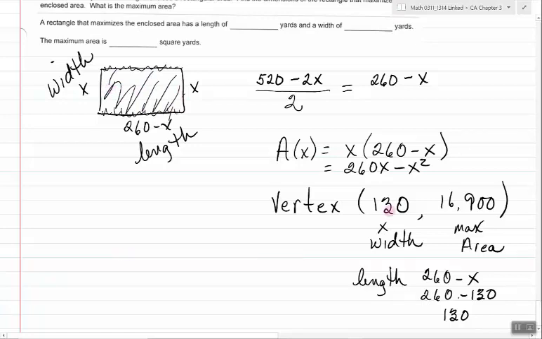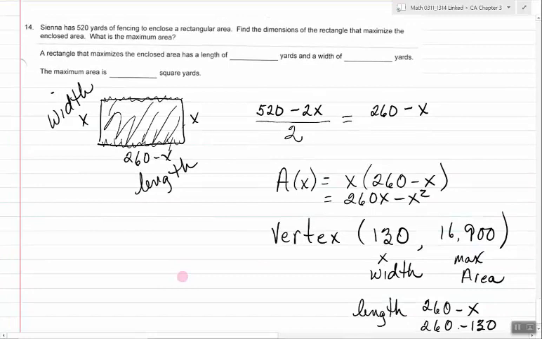So the length is 130, the width is 130, the maximum area is 16,900. So 130, 130, max area is the y component of the vertex, 16,900. Okay, there's a lot involved in that. Be sure to use your formula packet if you need to. Always be able to find the vertex, the x-intercepts, and the y-intercept. Okay.